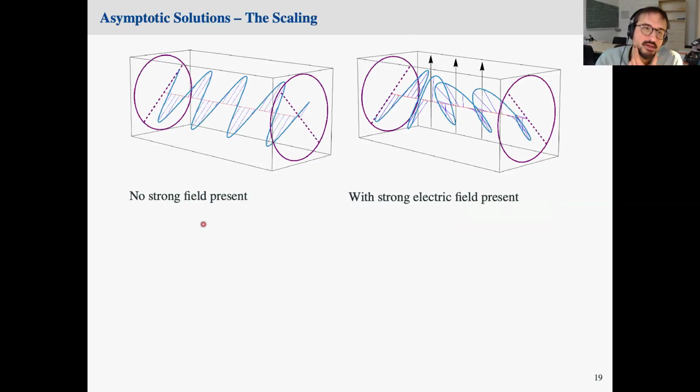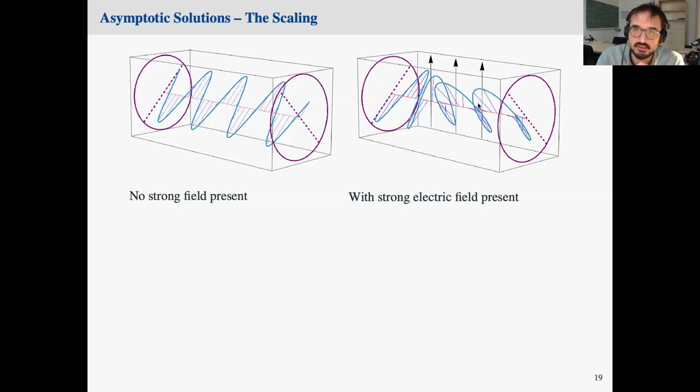And again, as we mentioned, now we want to construct solutions for this thing, and we want to try to model the behavior that is observed in a Kerr cell. So if no strong field is present, as we mentioned, the wave propagates linearly.